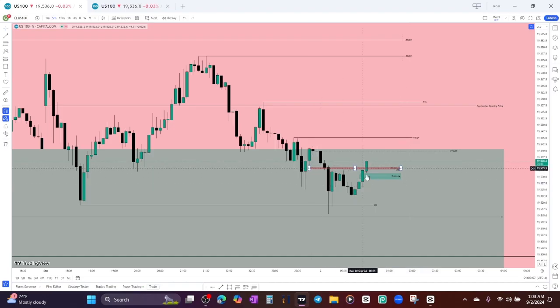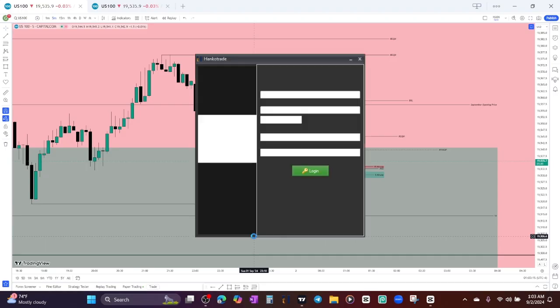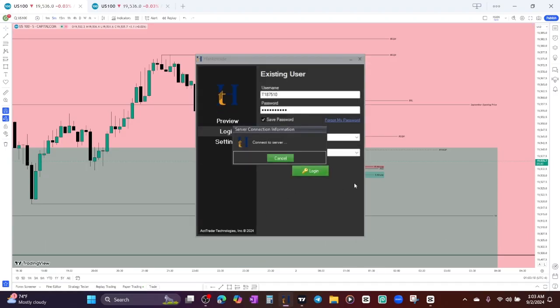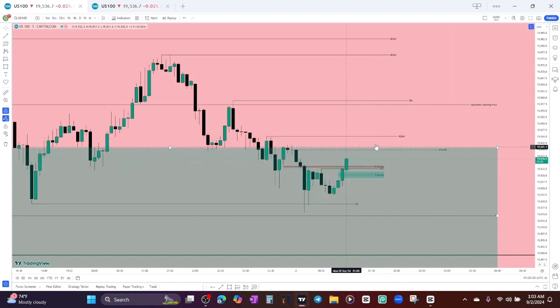Let's go ahead and open up our trading account. We're going to be risking, if we do have an opportunity to enter, $1 per point just because our account is so low right now.